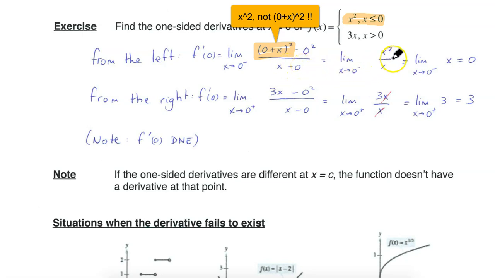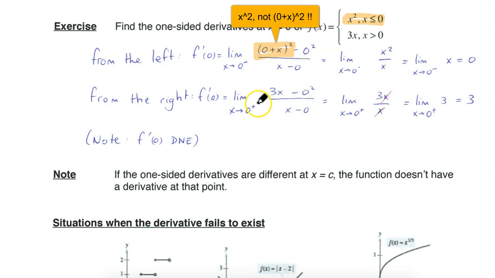So we can simplify that, and at this point, after cancelling out x's here, we get the limit of x, and now we can plug in without any problem, and we get that from the left, the slope is 0.